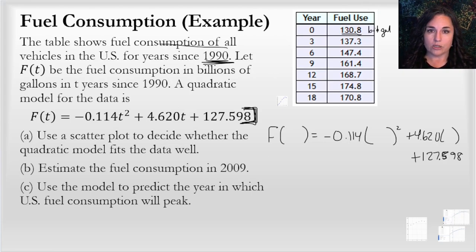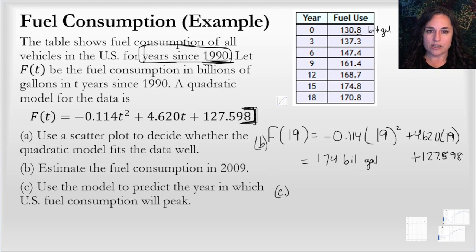Remember, we want years since 1990. So if I am at 2009, that's 19 years since 1990. When I evaluate this, I want to put the value 19 into that equation, and that will give me the right number. This turns out to be 174 billion gallons of fuel. All right, so that's part B.